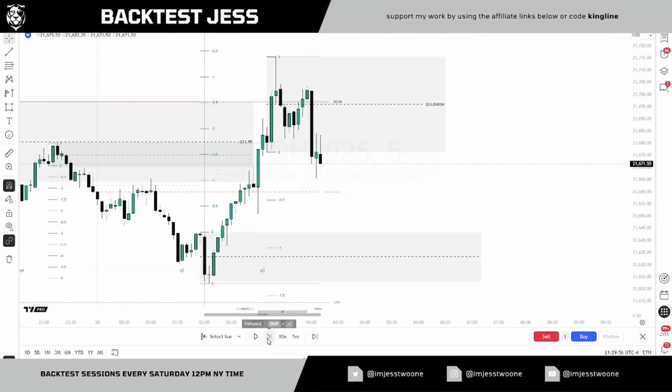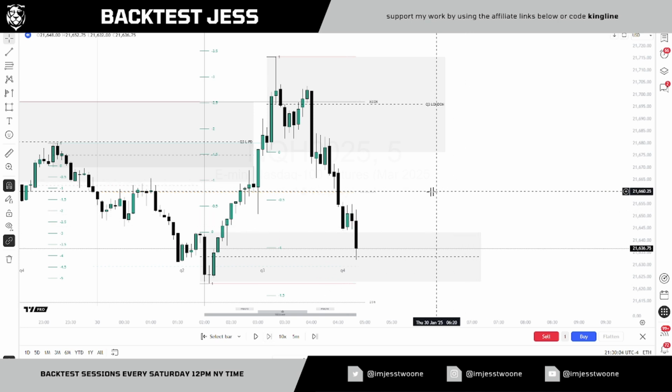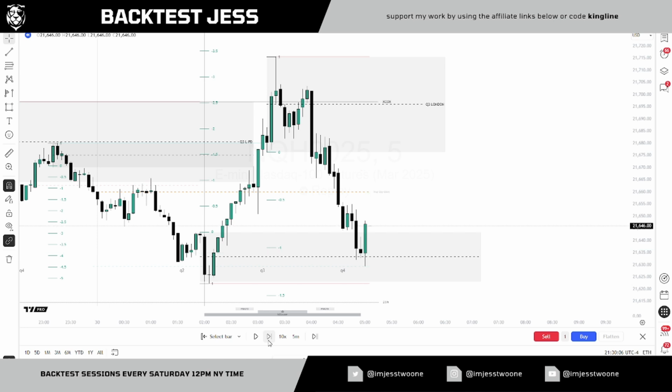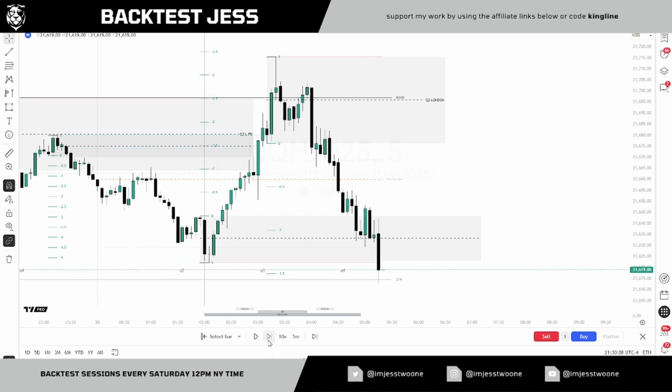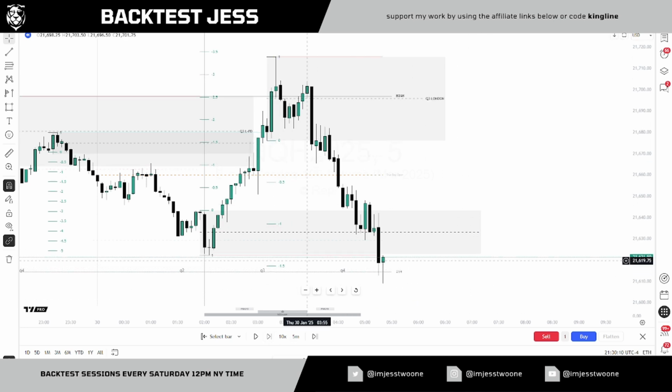Alright, so let's see if we get the expansion away from it first, before the retest, ideally. Oh, man. Oh, no. Yup. We can't take it. It expands to 1.5. So, this I think Adrian would take. He would just straight away take this retest.